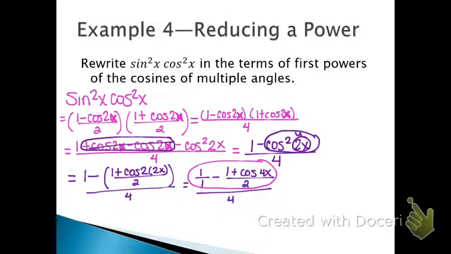Common denominator. So remember, multiply them. You're going to multiply this first fraction by 2 and the second fraction by 1. So we have 2 over 2 minus 1 plus cosine of 4x over 2 all over 4.